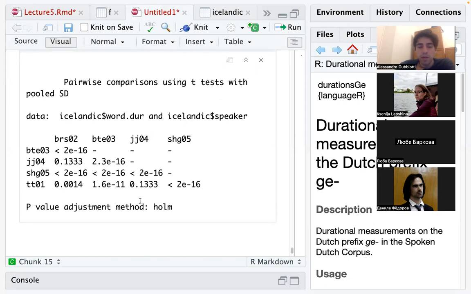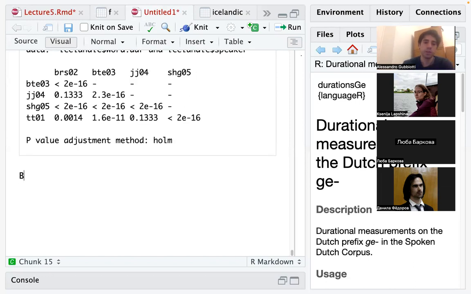The Bonferroni one is maybe an overreaction to that problem, but it does its job. Bonferroni is quite conservative, very conservative.